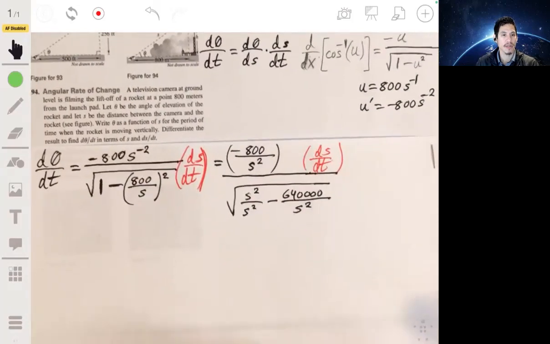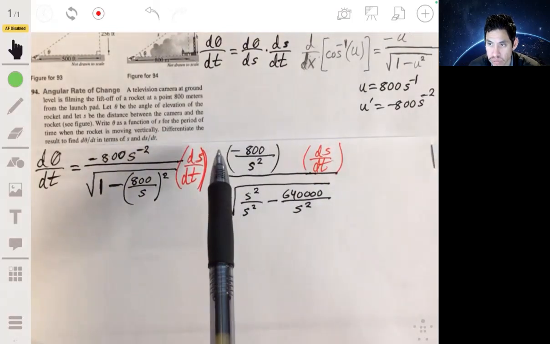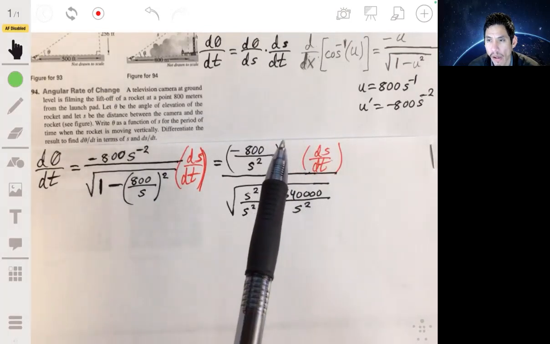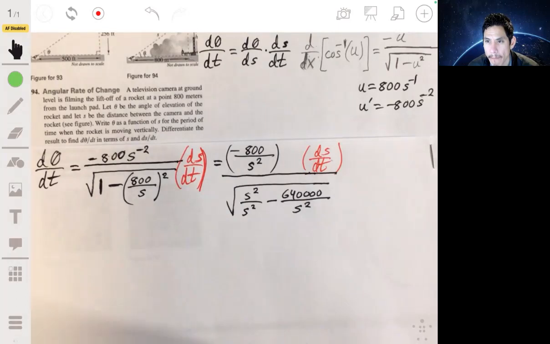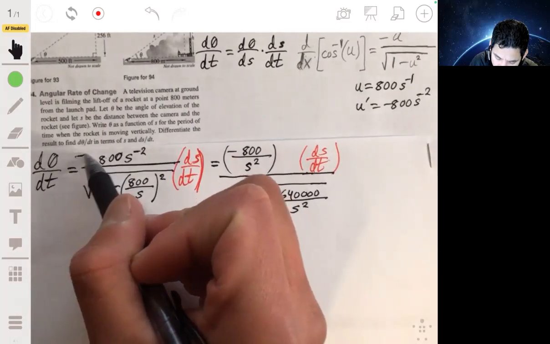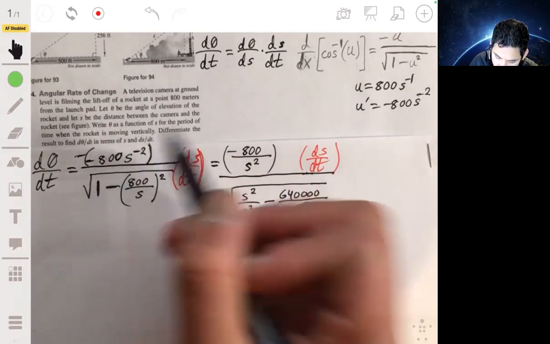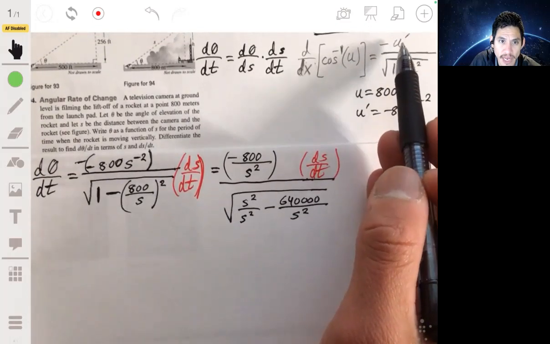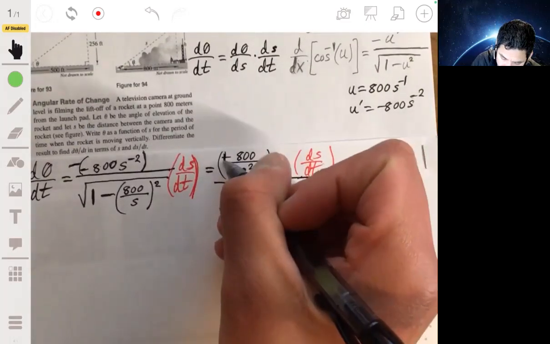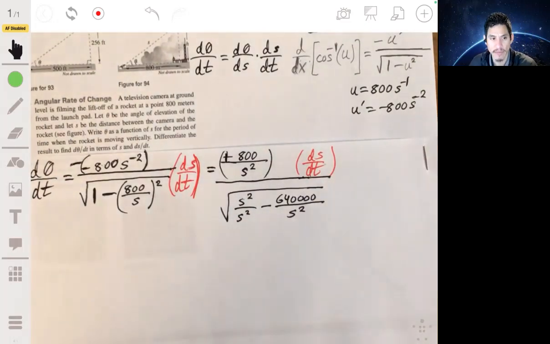We keep on working along. That's the negative 800. Oh, and the derivative itself is negative, but u prime actually is negative. So this will be negative negative, and so that eventually just becomes positive. So we don't really have to worry about that.